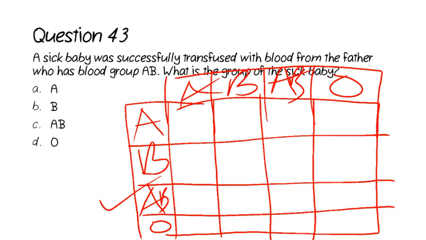Can a donor with AB blood group give blood to a recipient with blood group A? This is not compatible. Why is this not compatible? This is not compatible because in the blood of somebody who has A blood group, they have a plasma containing antibody anti-B.